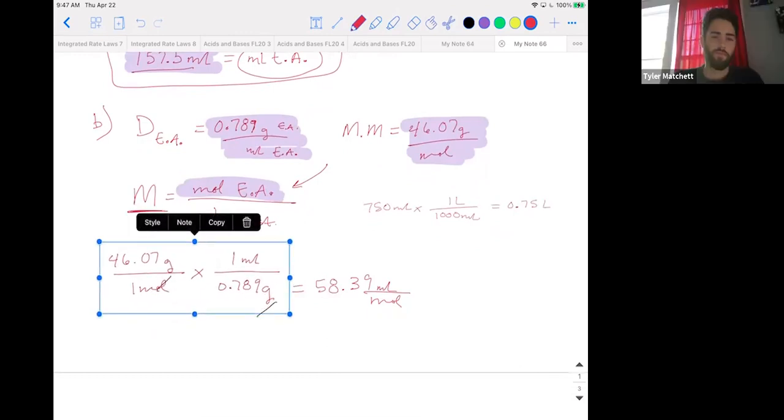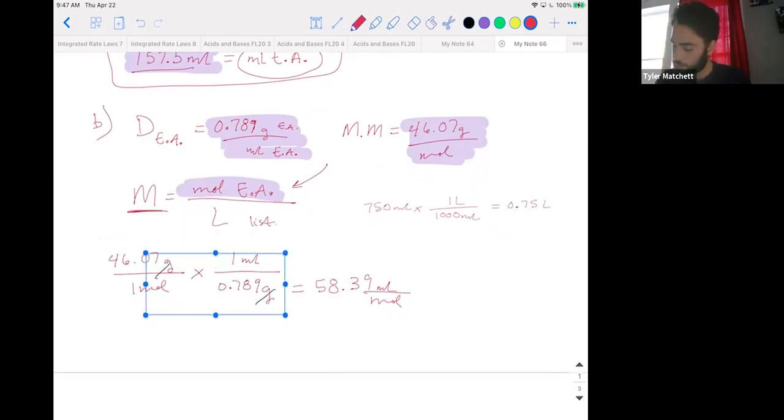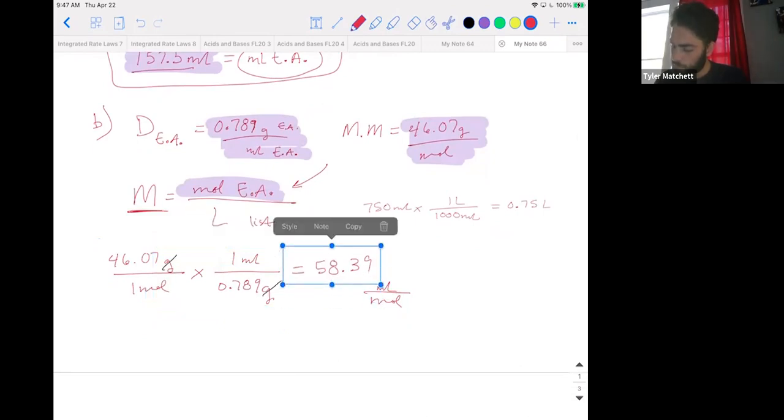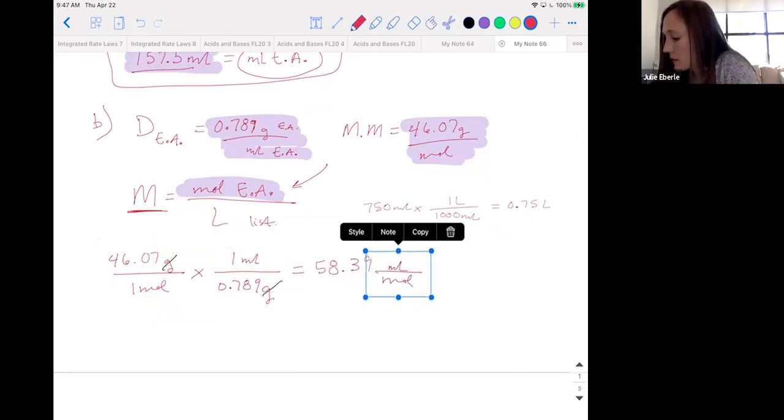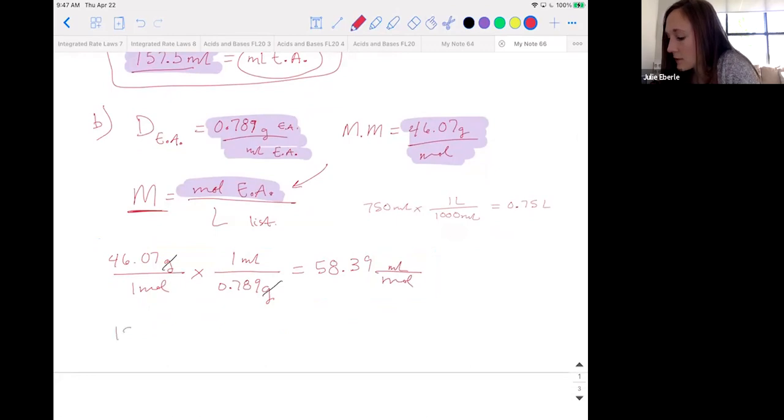We'll move all this up. Right underneath this, let's take our 157.5 milliliters and convert it to moles. We know for every 58.39 milliliters, it's 1 mole. Well, we have 157.5 milliliters. So we'll cancel milliliters and convert to moles. For every 58.39 milliliters, that's 1 mole of ethyl alcohol.